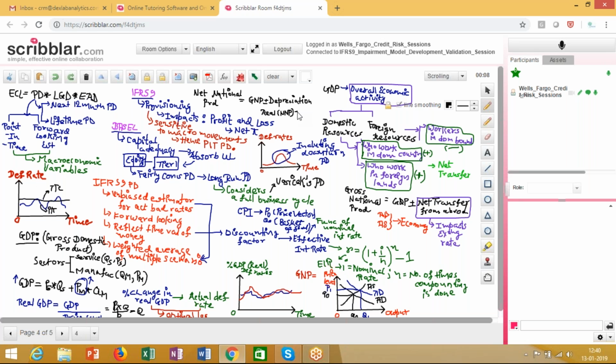In the real NNP, what we are going to do is NNP divided by the prices, which is nothing but the consumer price index, cost of living index, CPI, or the CLI, however it works out.